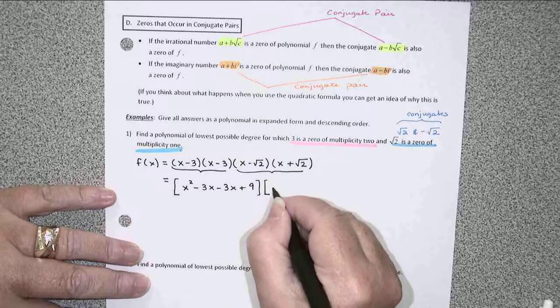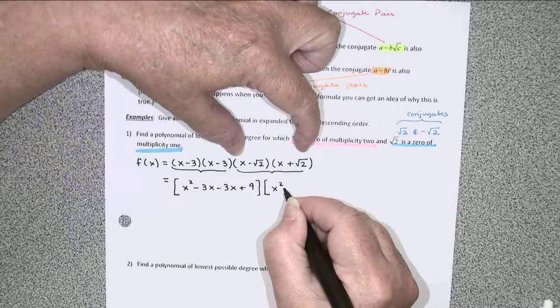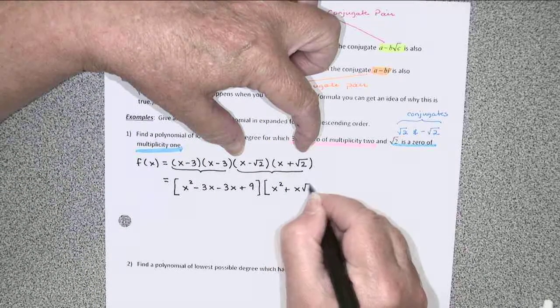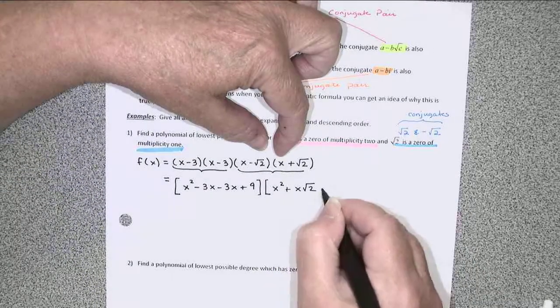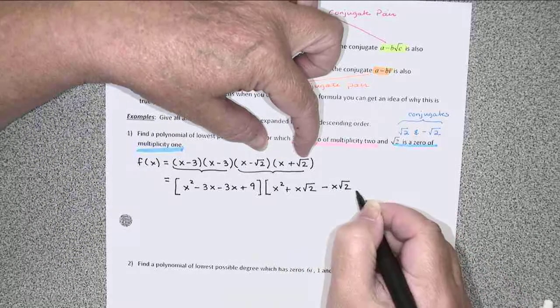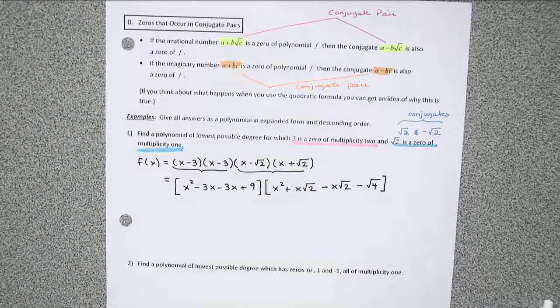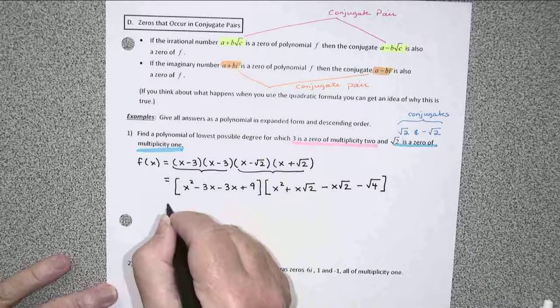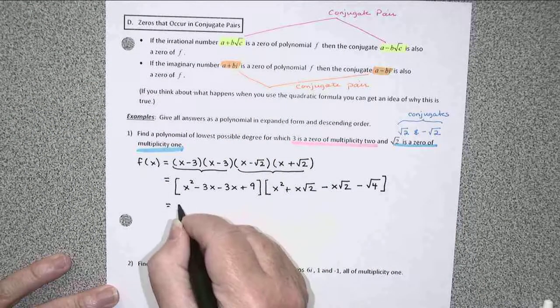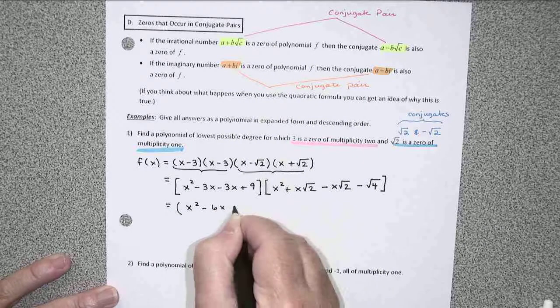Multiplying these together, I would get x squared plus x times the square root of 2, and then minus x times the square root of 2, minus the square root of 4. The first one is x squared minus 6x plus 9.